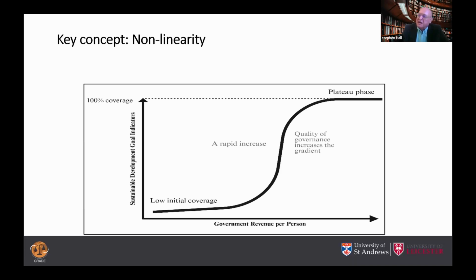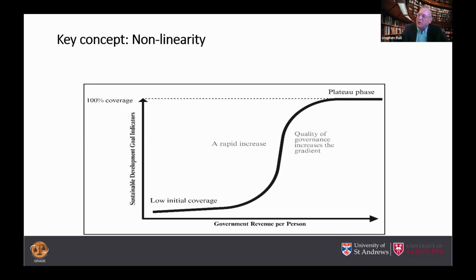And what it's actually saying is that for a long time, when things develop, you're at a very low level of coverage, and very little happens, even if you put some more resources into things, because there's so little development going on. But then, as you start to hit a growth phase, as development starts to really pick up, you get a period where there's very rapid returns to increased resources, government revenue, say, going into a developing country.